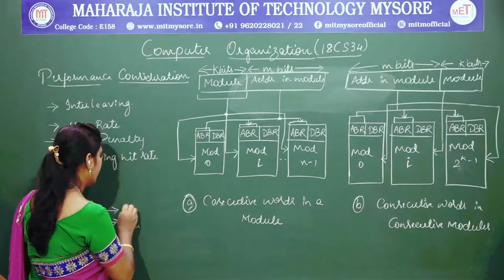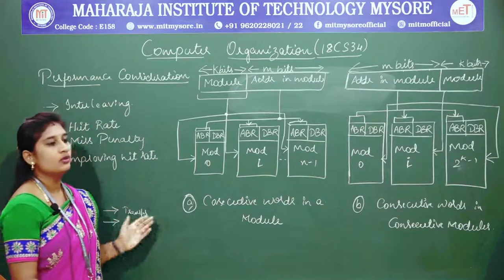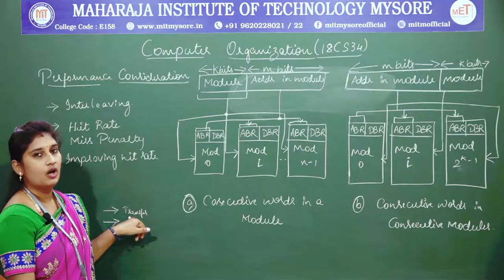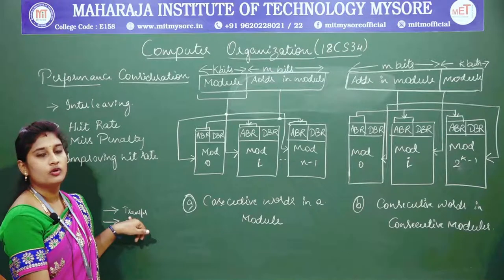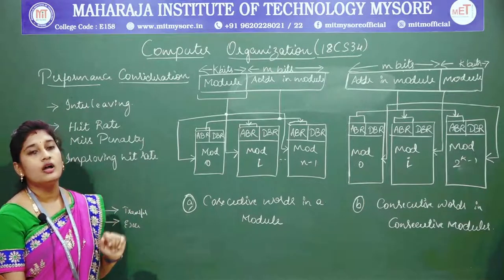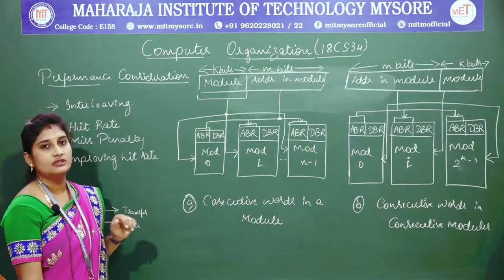So the first factor is the transfer of instructions from the main memory to the processor, how quickly the instruction is transferred from the main memory to the processor. That will be one of the factors affecting the performance of the system.